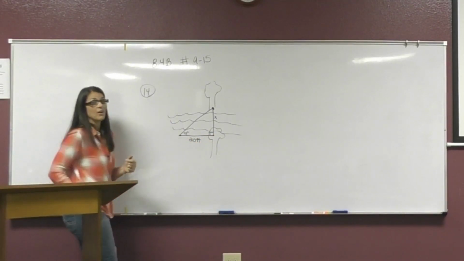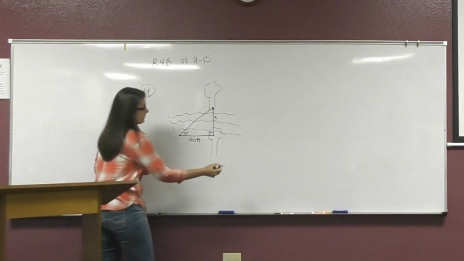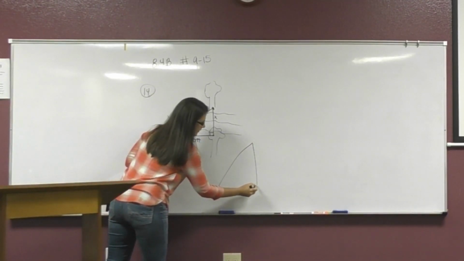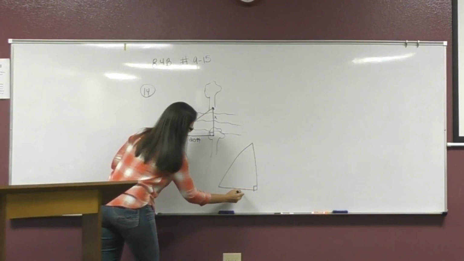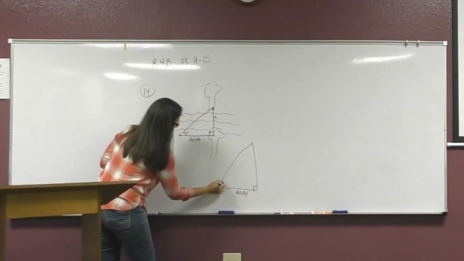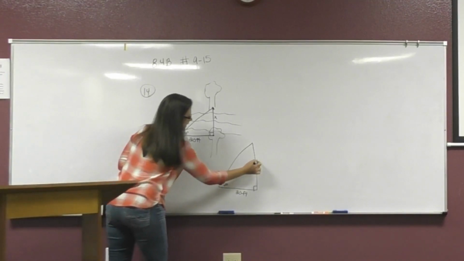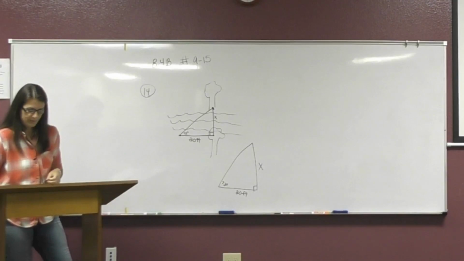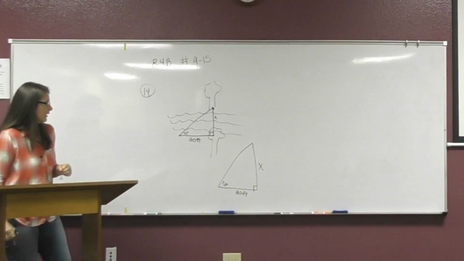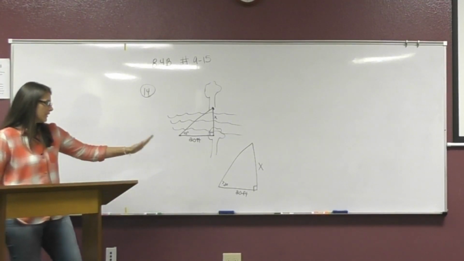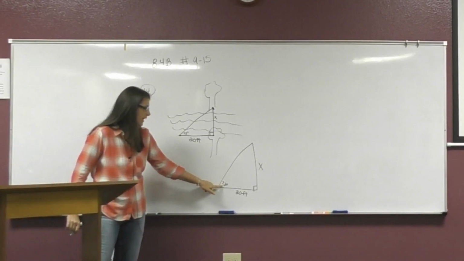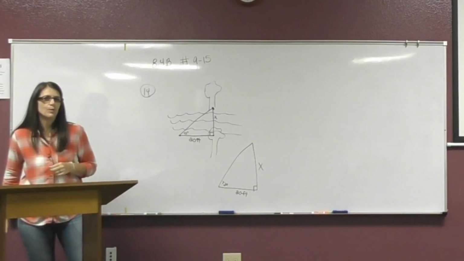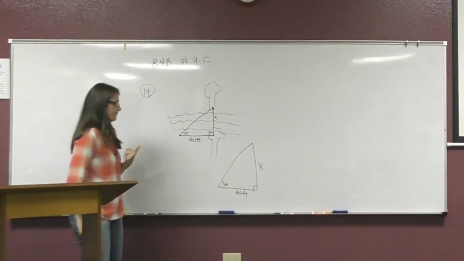That's a very busy diagram, so let's extract that right triangle. This is 20 feet, this is a 73-degree angle, and I'm looking for that part of the right triangle. In relation to this angle, I have opposite and adjacent, so I'm going to use tangent.